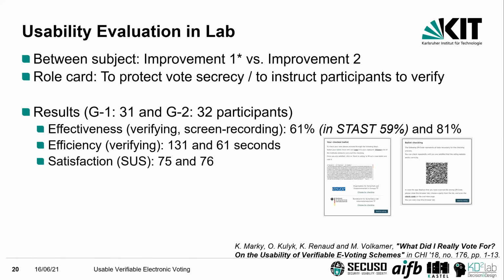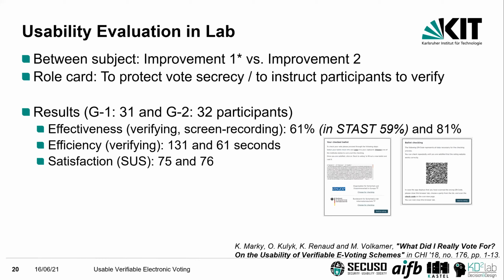Just to give you an idea about efficiency and satisfaction, although as I explained, I don't think it's that important. We measured how long it takes them to verify. For those that actually verified properly, you have almost 2 minutes versus a little bit more than 1 minute. And I think from what I have explained to you beforehand, this is no problem.